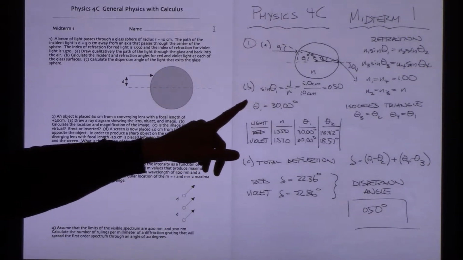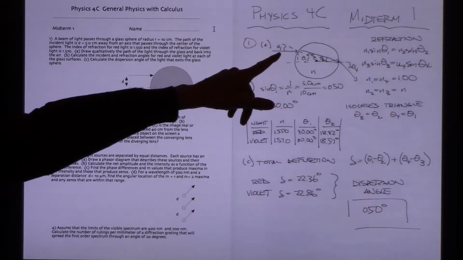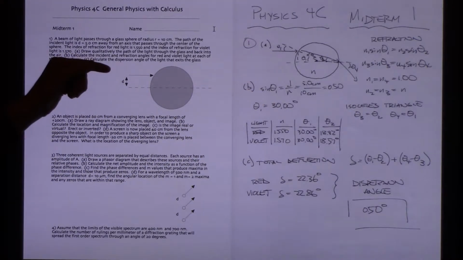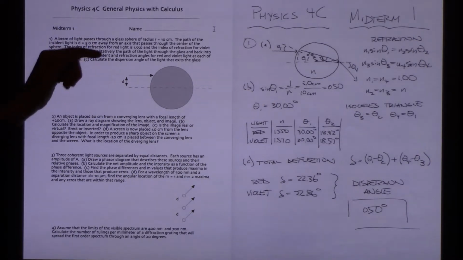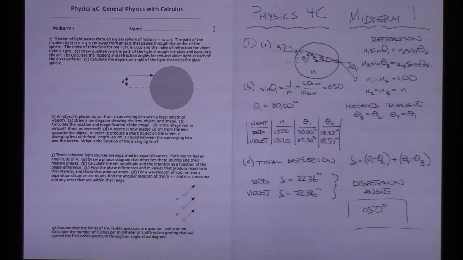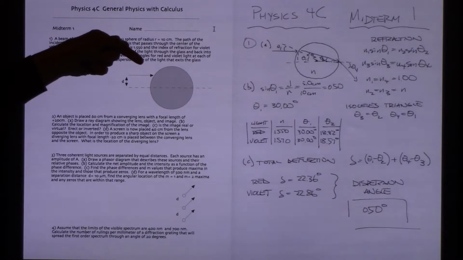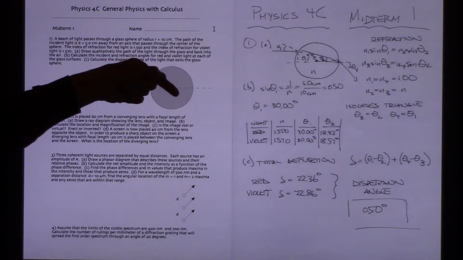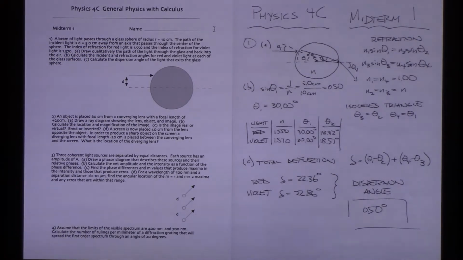And then the incident angle, if I start drawing normals to that surface, right? There's going to be a refraction that takes place there. So I'm going to draw a normal to the surface at that location. Now when I draw the normal to the surface of a sphere and continue that path on, it's going to go through the center of the sphere, and that's going to become a radius.